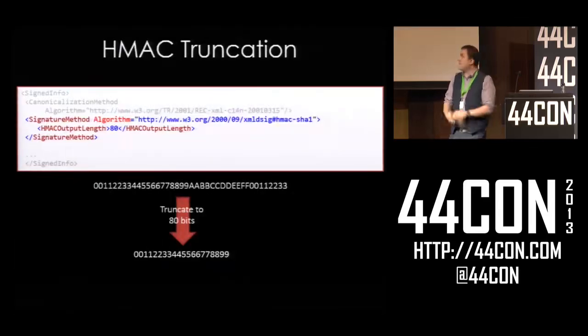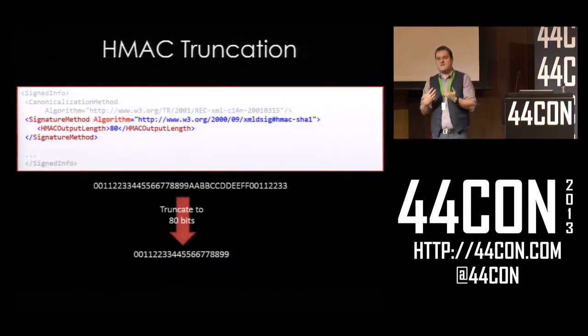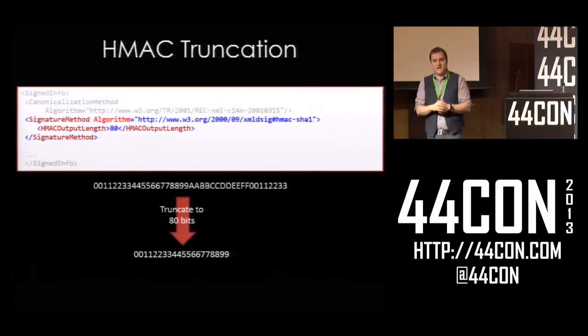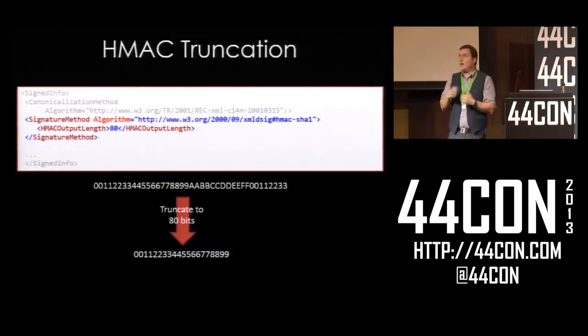And what it actually turns out to be is that the digital signature specification allowed you to specify an HMAC output length attribute or element. And this defined the number of bits of the HMAC, if you're verifying using HMACs as opposed to, say, RSA, how much of that HMAC value you wanted to check.